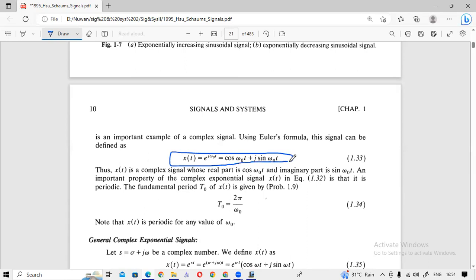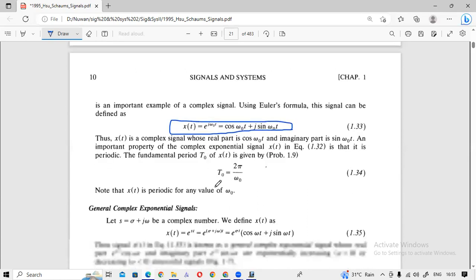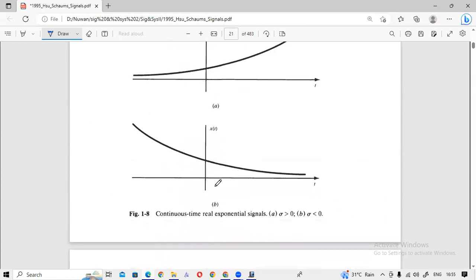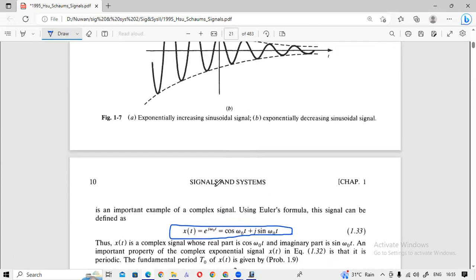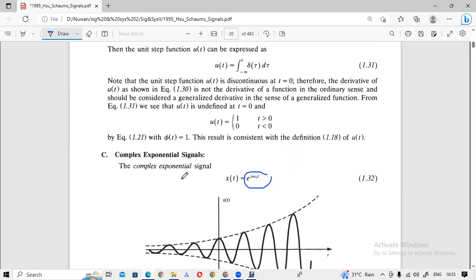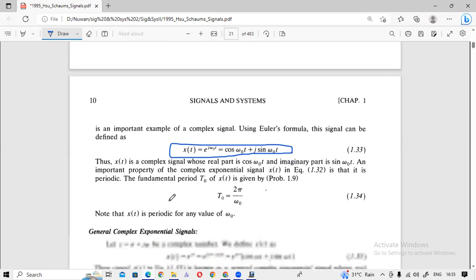So the complex exponential signal can be represented as two real and imaginary sinusoidal functions. Actually, here we are not in DSP, so we are not going to discuss the complex exponential signal much.